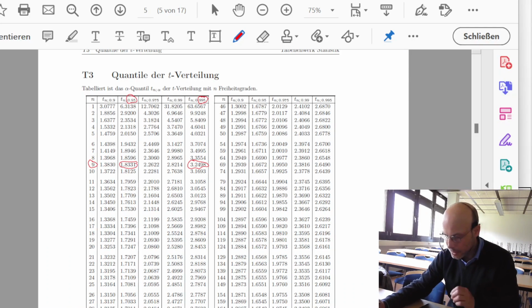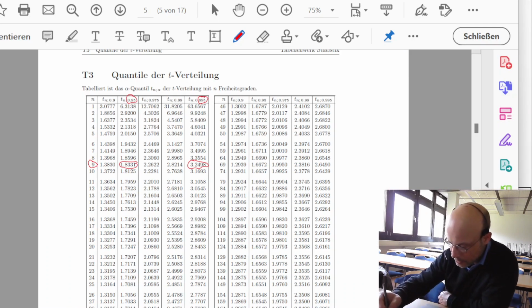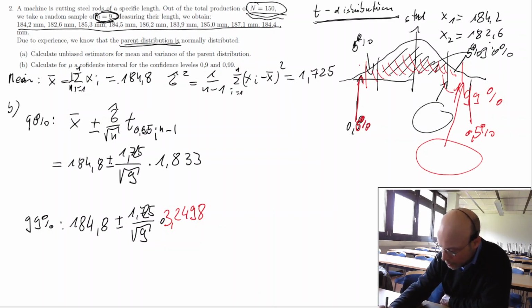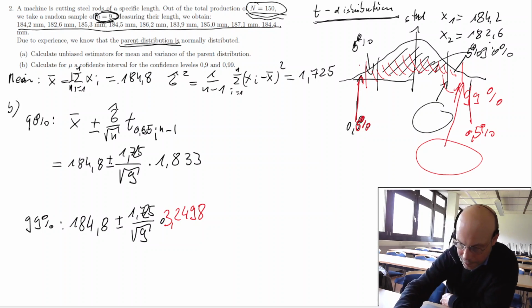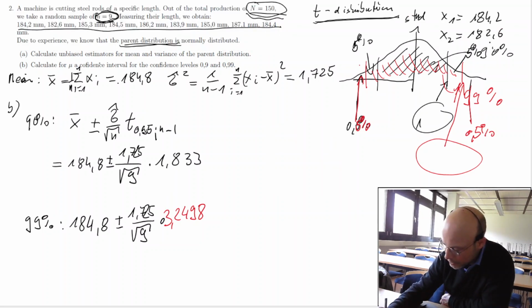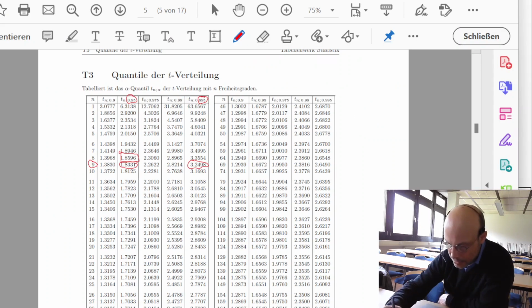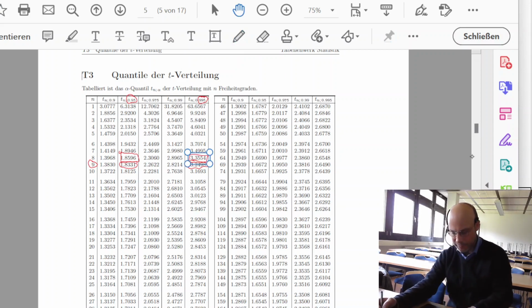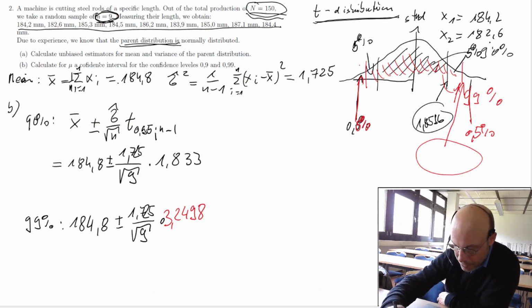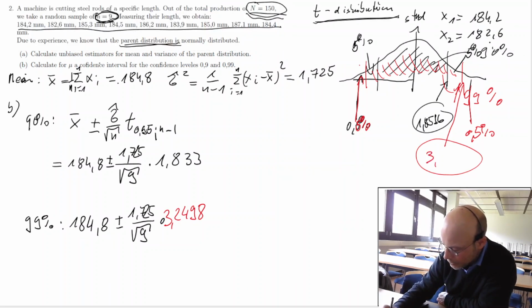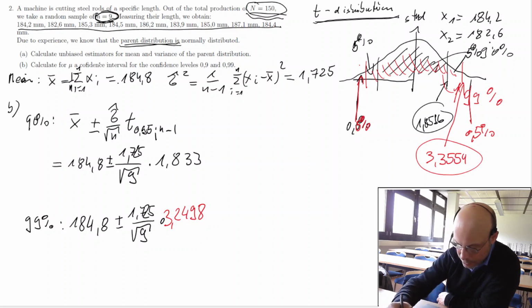So then we go in here and we have to take this value here, 1.8596, and this value here, 3.3554.